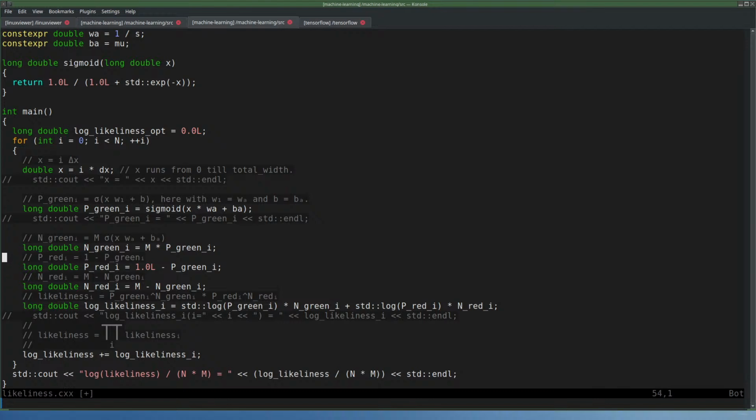Not really, because I'm just working with a double. So we get a fractional point, but not a problem. Yep. Okay, so then the likeliness is that. So the log likeliness is standard log of that plus log of that. Okay.